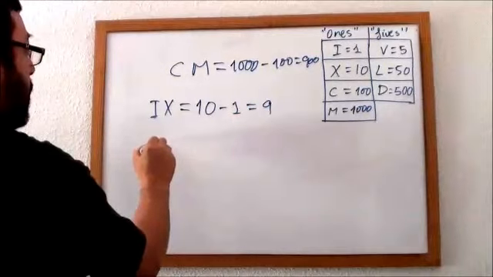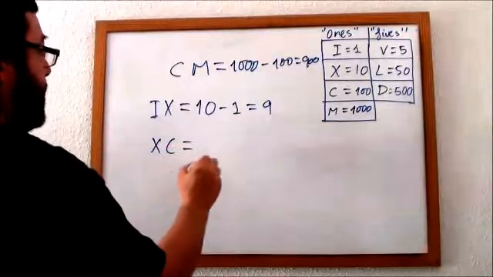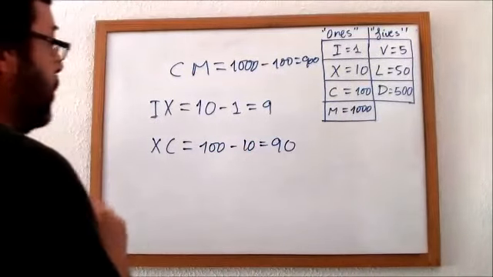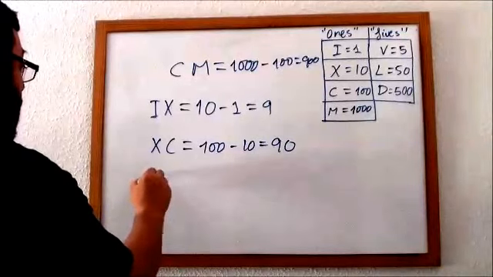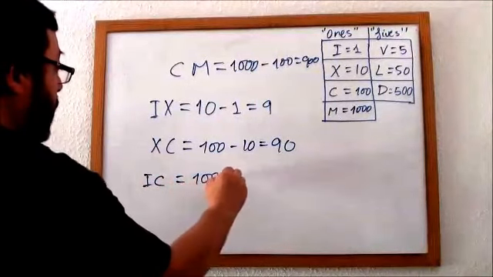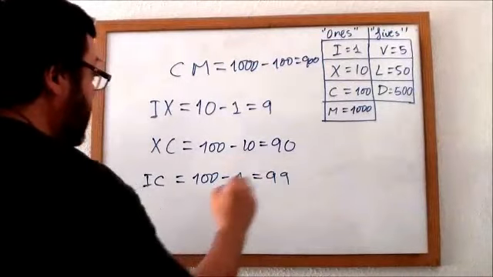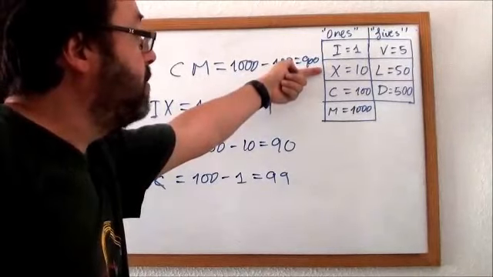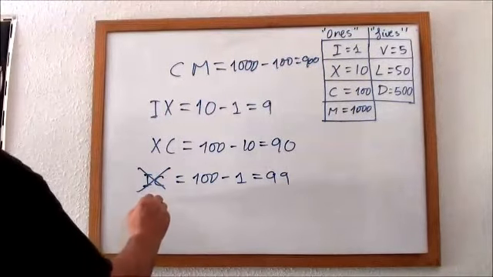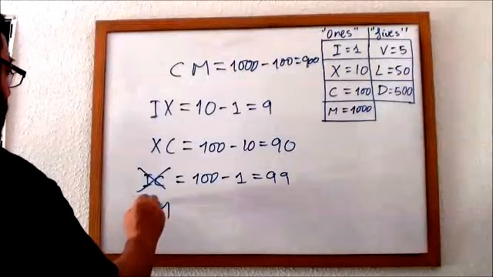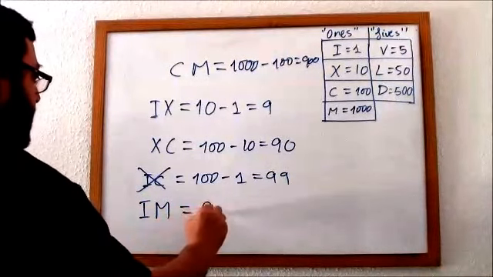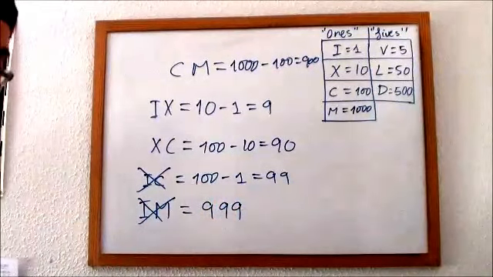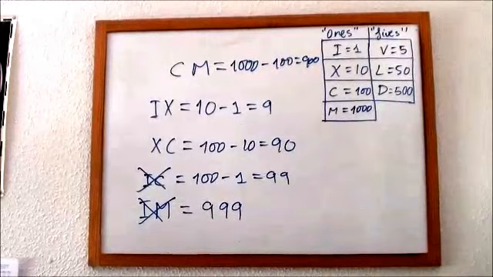Or we can do XC, that is 100 minus 10, which is 90. But we cannot do IC to make 100 minus 1, 99. That wouldn't be correct. We can only subtract the letter that is right on top, not other letters. It would be incorrect as well to do IM to make 999. That wouldn't be correct. So there are other ways to write those numbers.